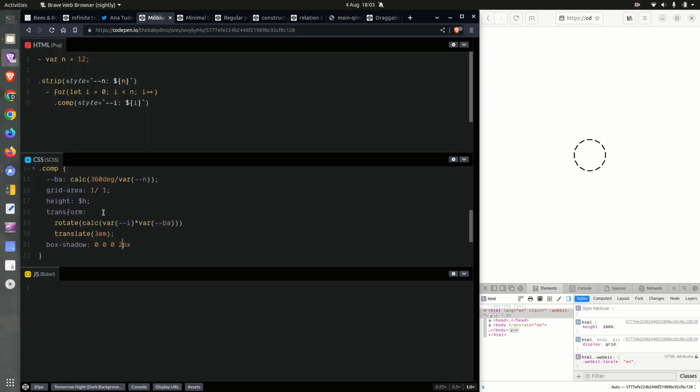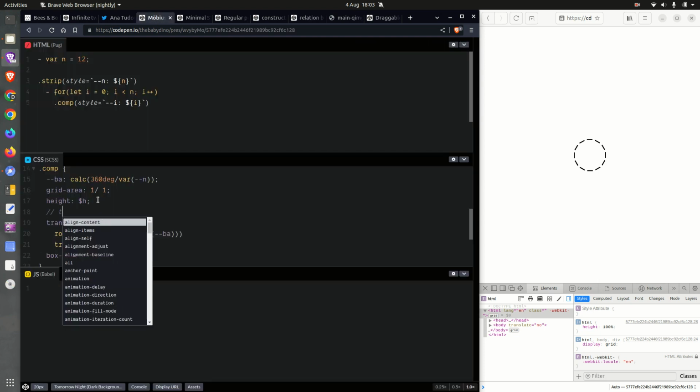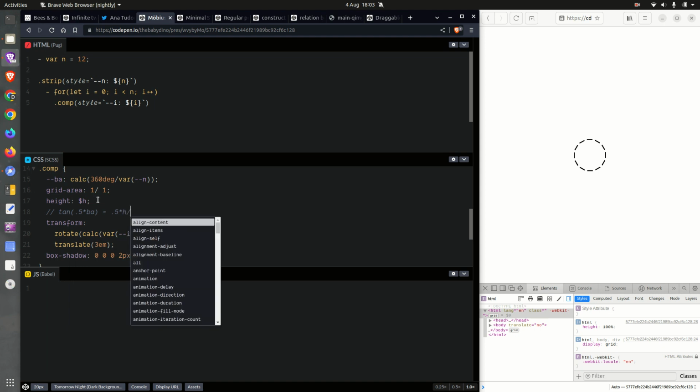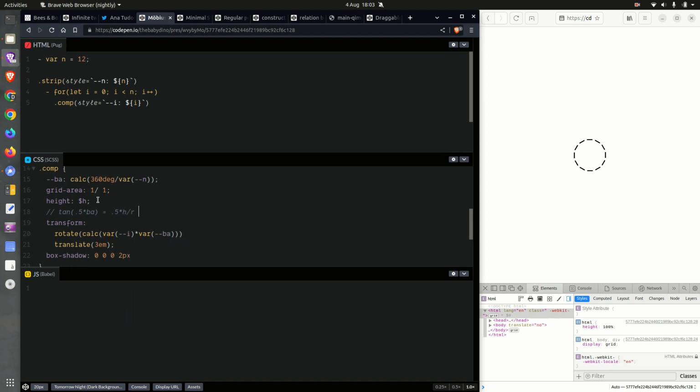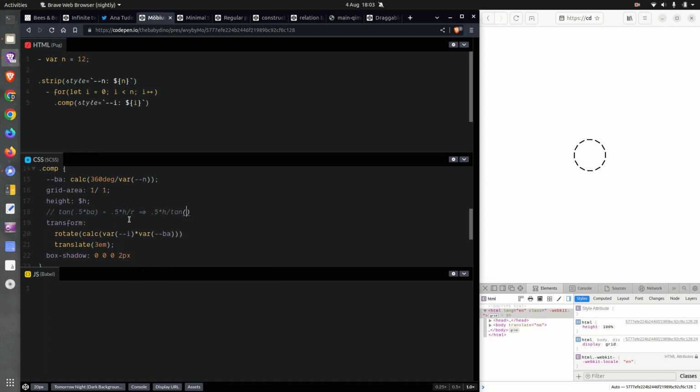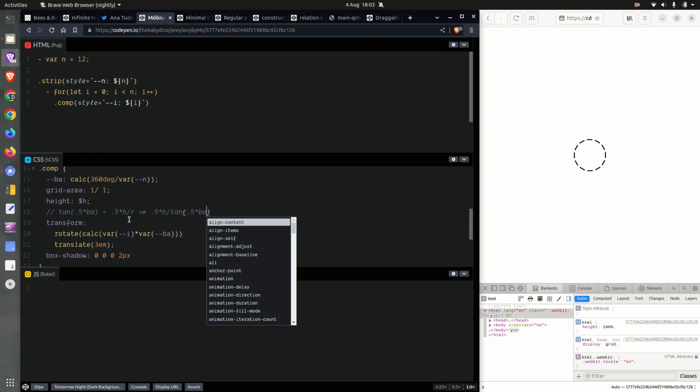Okay, so we have something like this. Tangent of half the base angle is half the component height over the radius that we want. So the radius is going to be half the height over tangent of half the base angle, right?